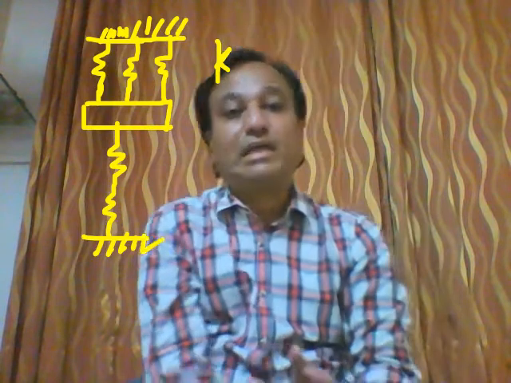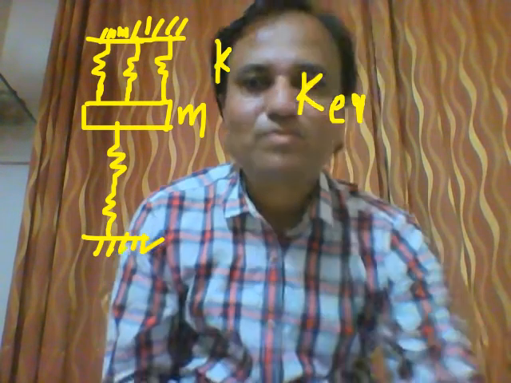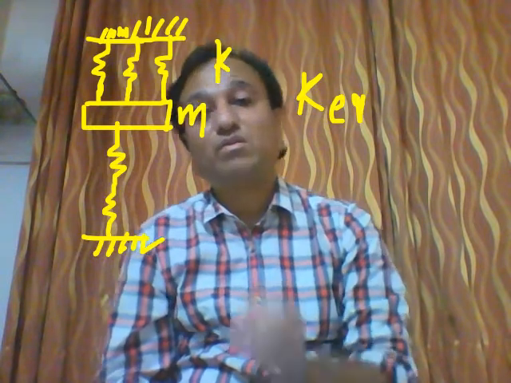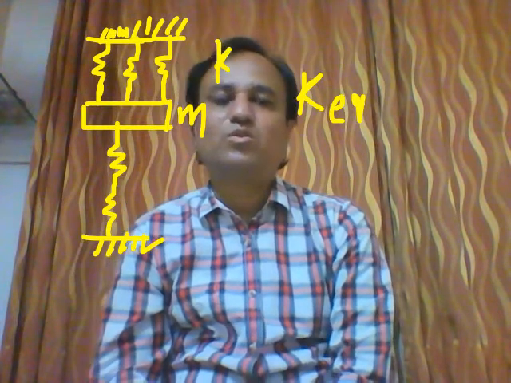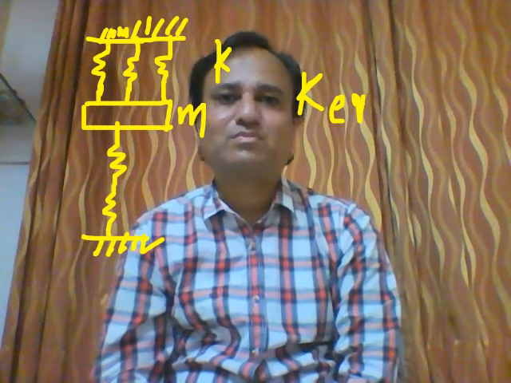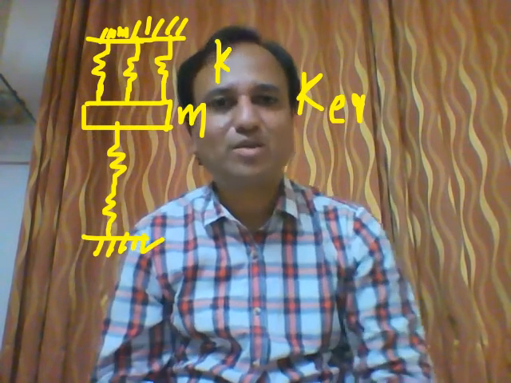Then again two springs in series. All springs have stiffness K. Calculate K equivalent. All five springs have the same stiffness, so we will get K equivalent in terms of K. So that is the assignment for you, students.